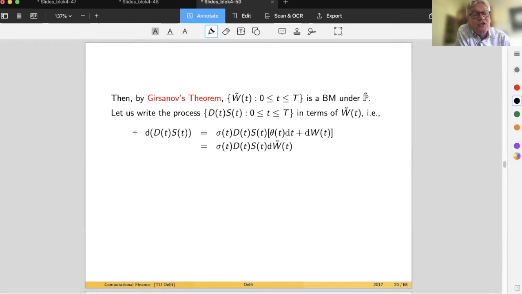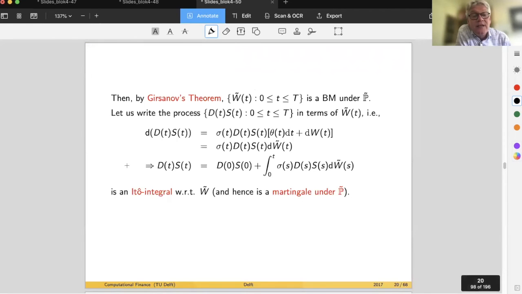So the change in the discounted process, d(D_t S_t), is equal to sigma_t D_t S_t, and then we had that process here, theta_t dt plus dW_t, and now we can rewrite that as sigma_t D_t S_t dW tilde_t, and we know that these are Brownian increments. That follows from Girsanov's theorem.